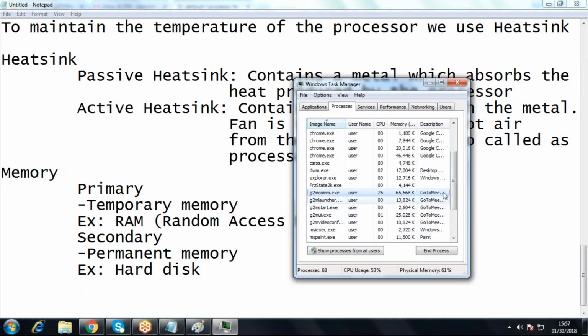And I had opened this Notepad, over here. Like this, every application which we have opened, or which is running in the background, will be occupying some memory space.